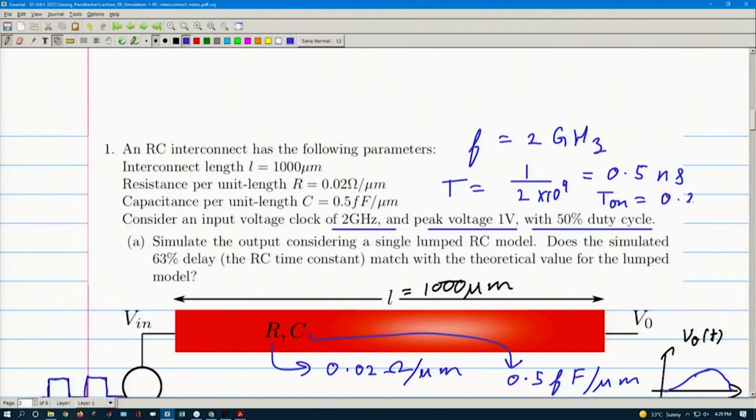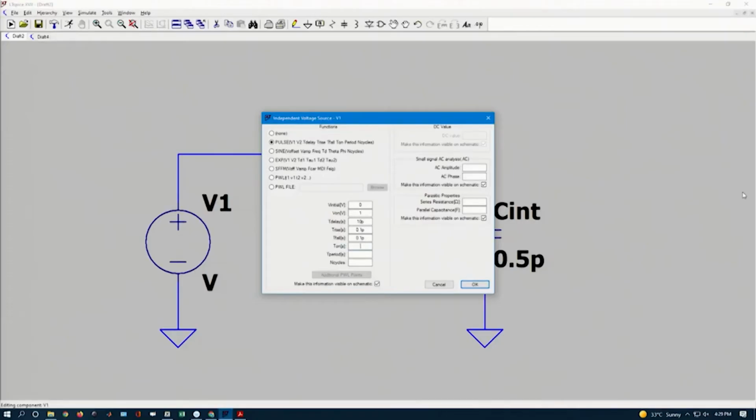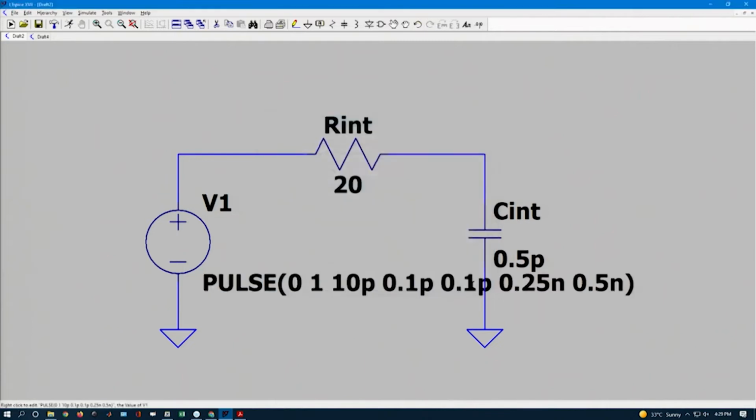So, this is 0.25 nanoseconds. We then enter these values in here. T on, let us keep it as 0.25 nano, even though if you take slightly different values, your analysis will not change, especially in this case. So, we get all these values, we click OK.